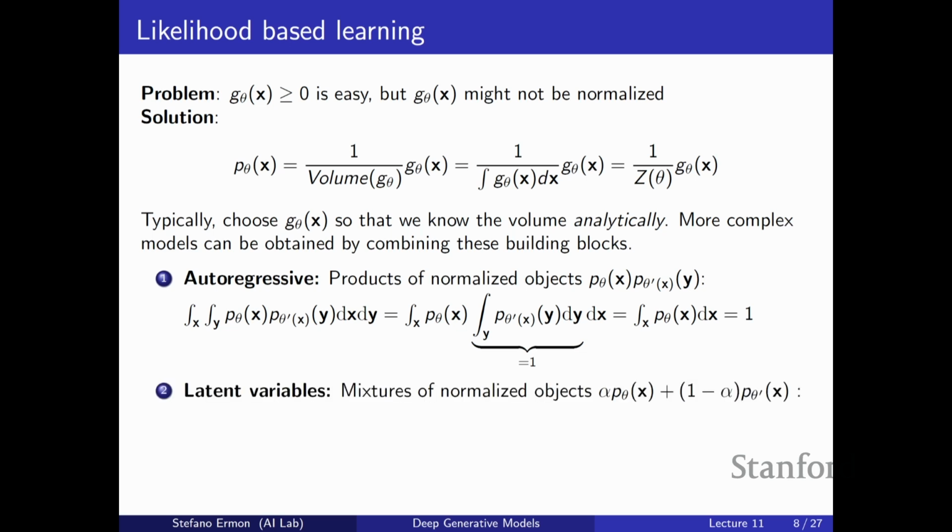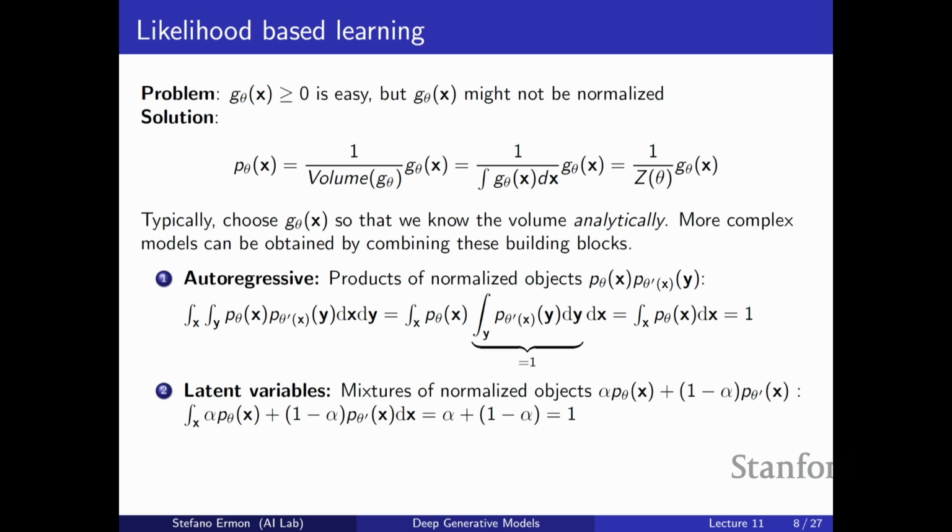And to some extent, even latent variable models can be thought of as a way of combining normalized objects and building a more complicated one that is, again, guaranteed to be normalized. If you have two densities, p theta and p theta prime, that are normalized, and you take a convex combination, alpha p plus 1 minus alpha p prime, for any choice of alpha between 0 and 1, you get another density which is guaranteed to be normalized, right?